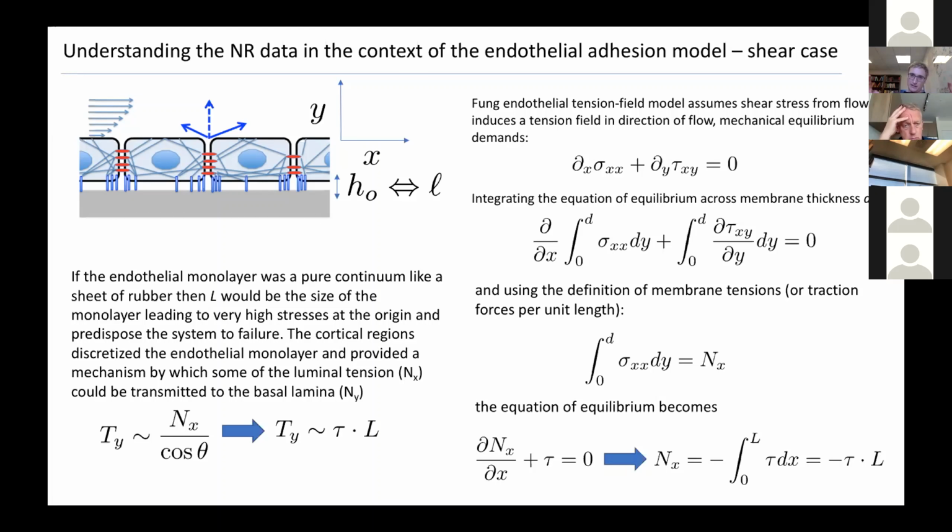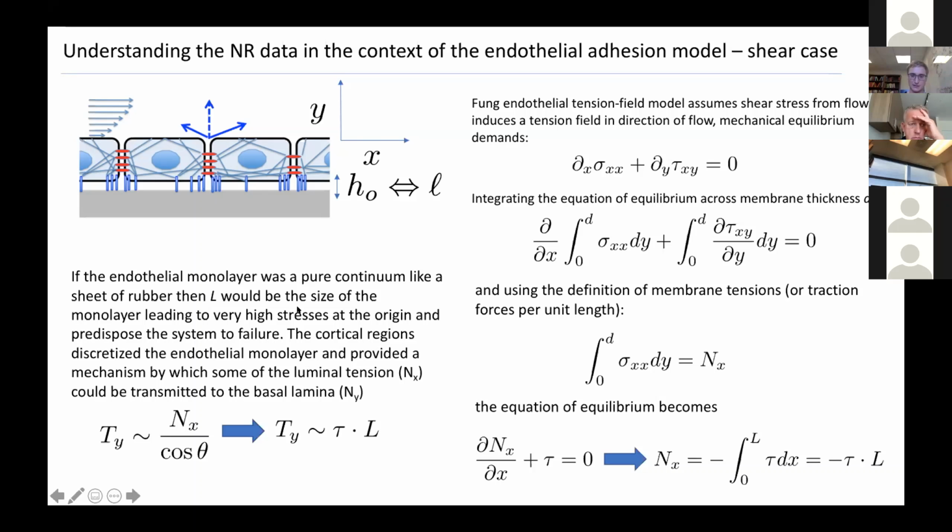But the cell monolayer isn't a contiguous thin film; it's broken up into individual cells, and these communicate with each other in a very sophisticated way through a network of focal adhesions and gap junctions. It was even Fung who proposed that likely this L is the size of a cell. When you do the integration, you don't integrate over the entire system, but over perhaps one cell, perhaps multiple cells, whatever would be deemed the cohesive mechanical unit, or continuum mechanical unit, within the monolayer.